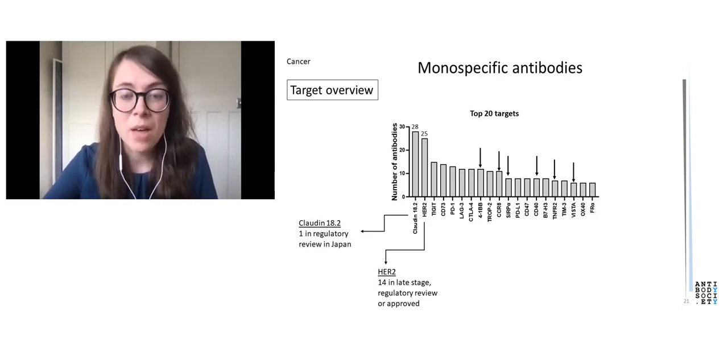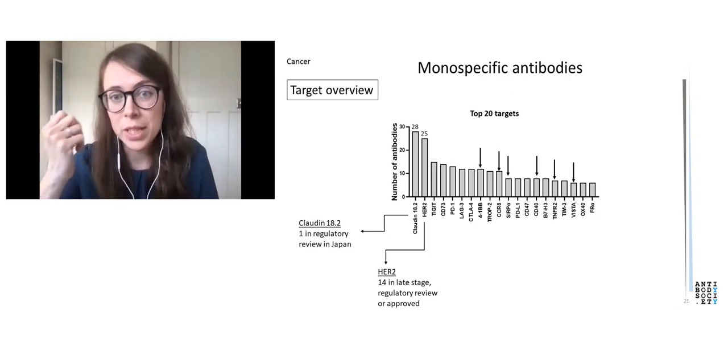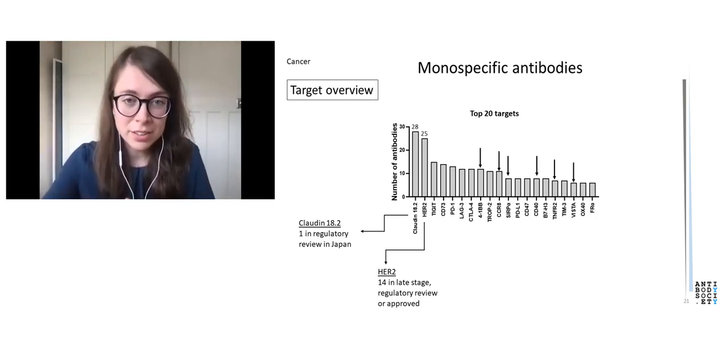But still, we have 25 antibodies in early stage pipeline, which means that this is a very well validated target and a very interesting target. And as I will show you later, the R&D is engaging in also novel formats against this target.